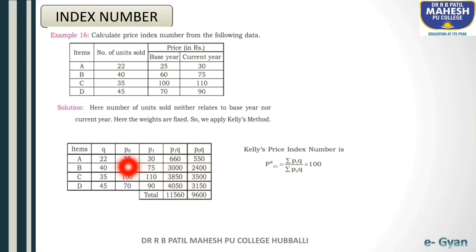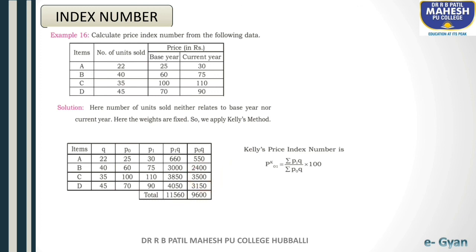Next you have to find P0 into Q. So multiply P0 into Q. 25 into 22 is 550, 60 into 40 is 2400, 100 into 35 is 3500, and the last one, 70 into 45, is 3150. After finding these values, take the summation. Summation P0 Q is 9,600.